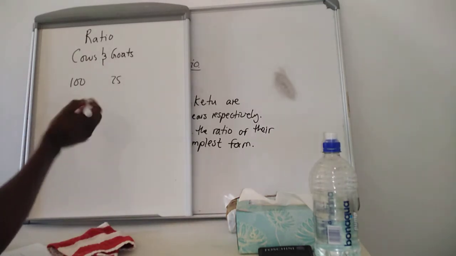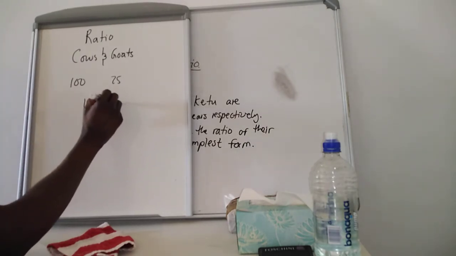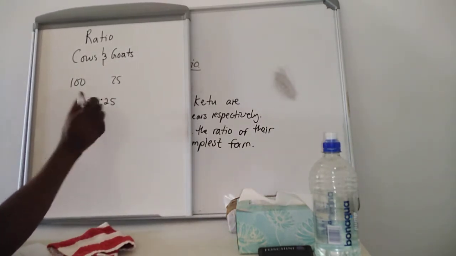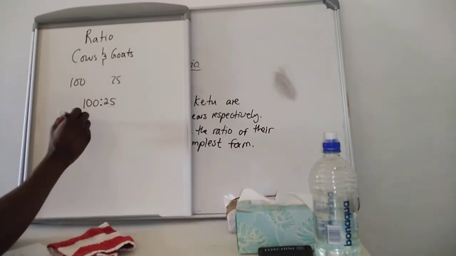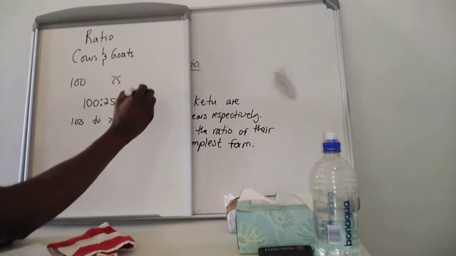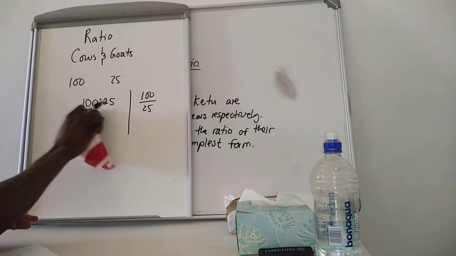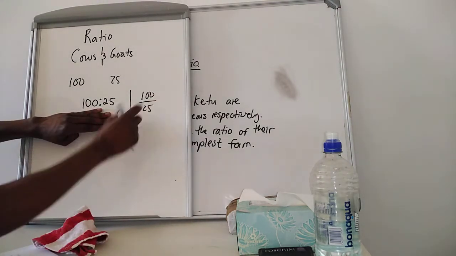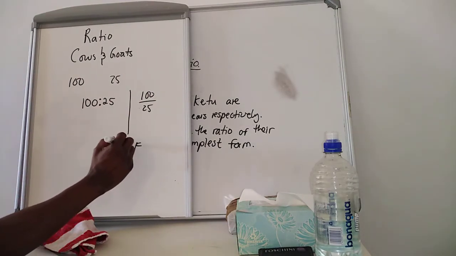So to do that, we use a concept from mathematics called ratio. The ratio between the cows and the goats is written like this. You write 100 colon 25, and you read this as 100 to 25. It's the same thing as just 100 over 25. Now you need to simplify this, the same way you simplify any fraction, by using the highest common factor.